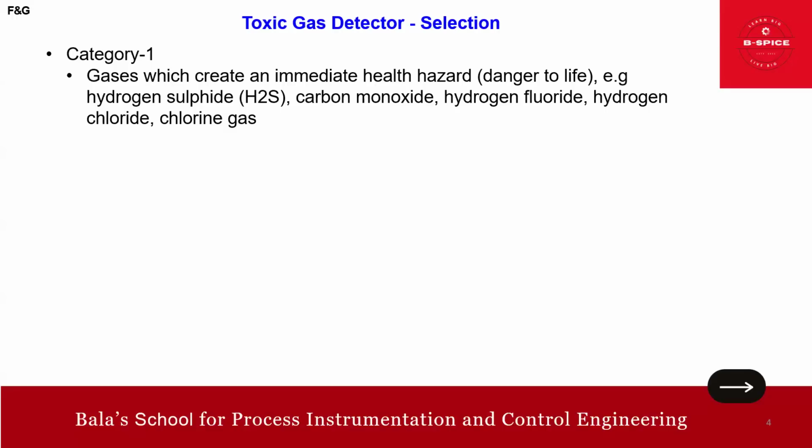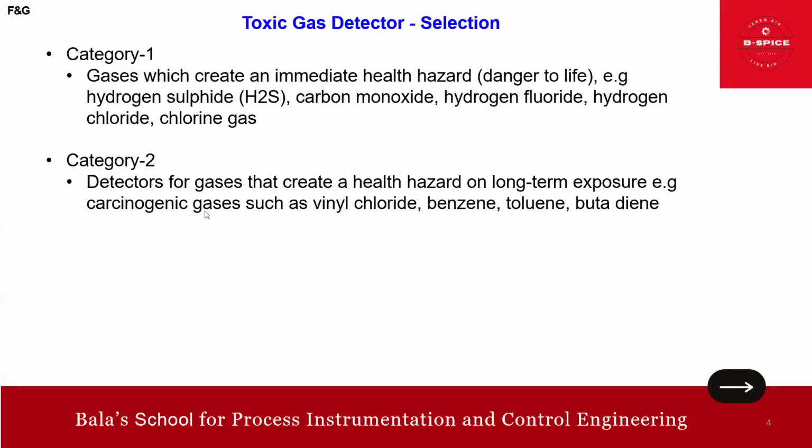For example, hydrogen sulfide, carbon monoxide, hydrogen fluoride, hydrogen chloride, chlorine gas. So this comes under category one. Detectors in this category shall be fast, reliable, and preference shall be given to the speed of response over precision. That's a point. Okay, so this is about category one.